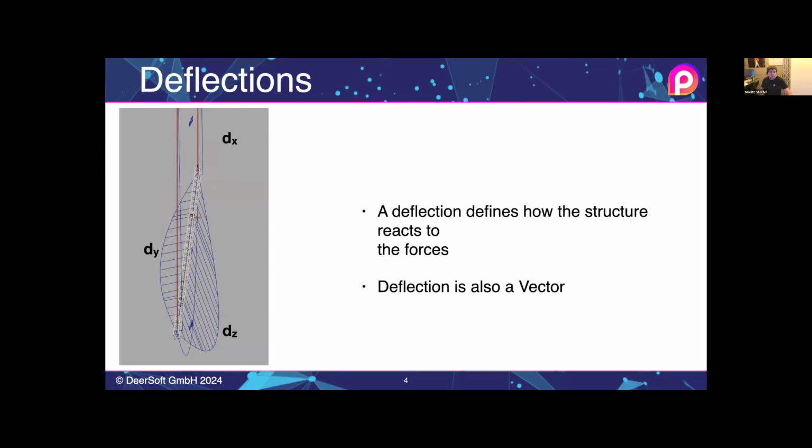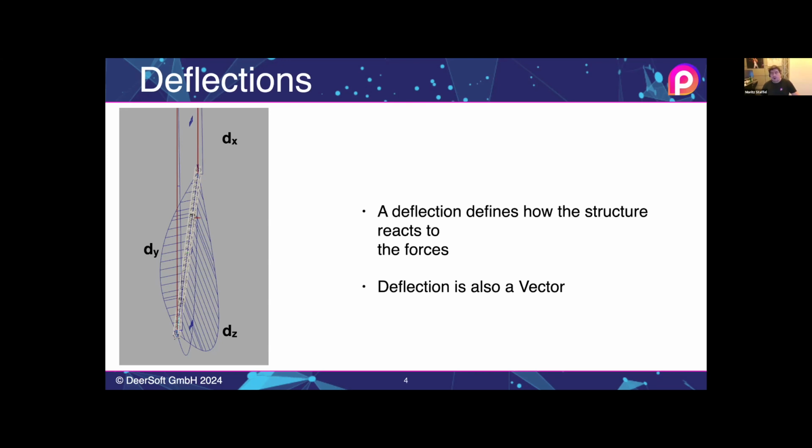The first one we have is the deflections that you will see. The nice thing about the deflection is that it's really easy to see and understand, and it's a good example to get started with. In Production Assist, we display 4 deflections.